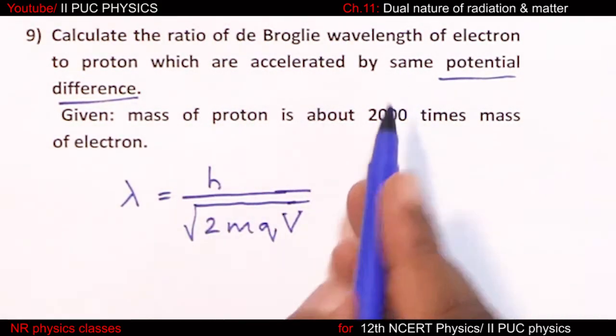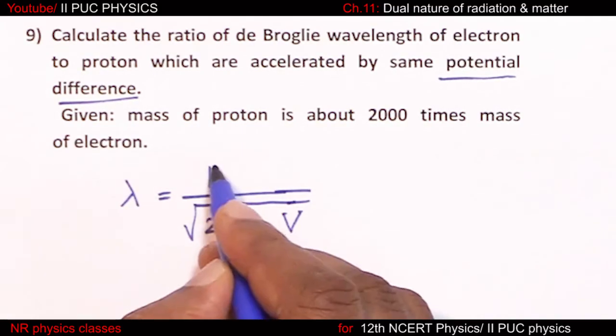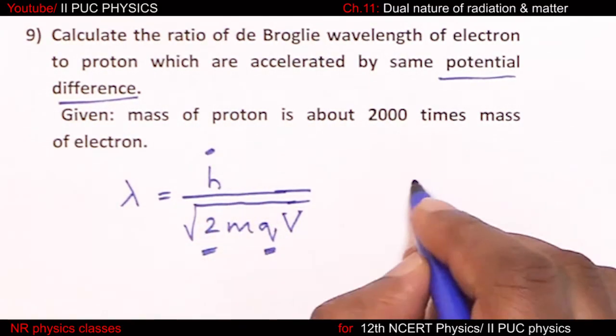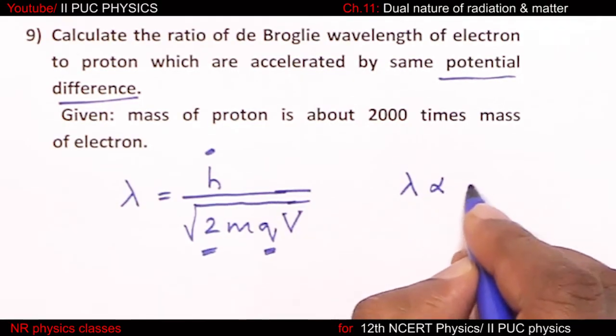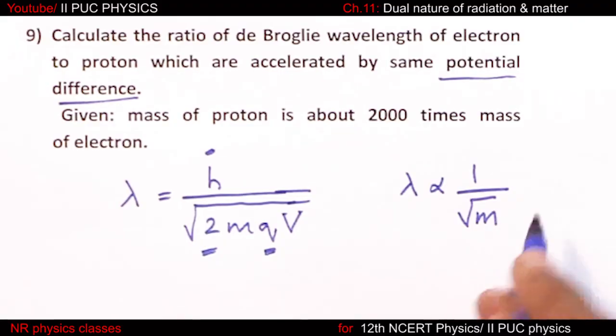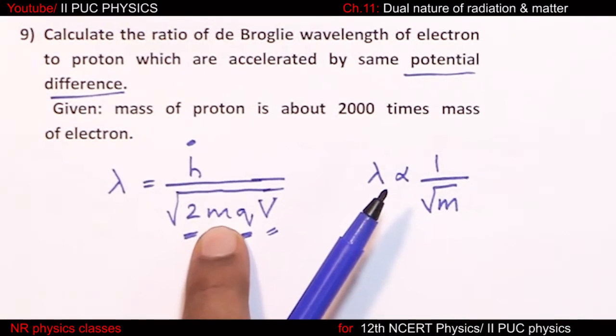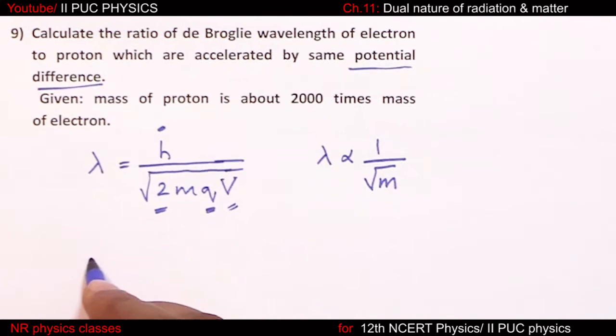For electron and proton, charge is constant, 2 is constant, h is constant. Therefore lambda is proportional to 1 by root m, because they are accelerated by same potential difference, means even V is also constant. So the only variable is mass.